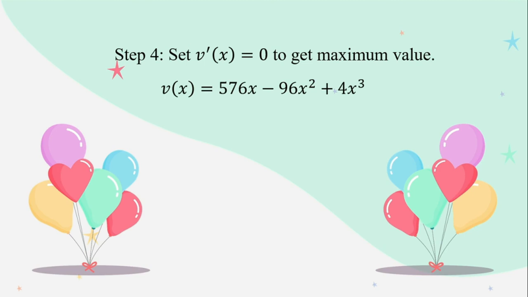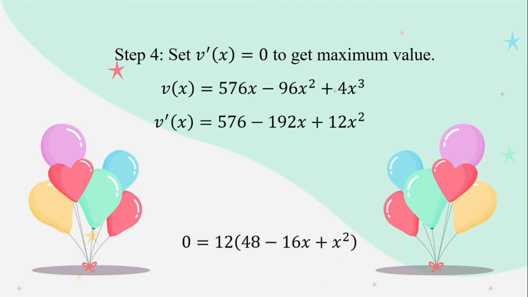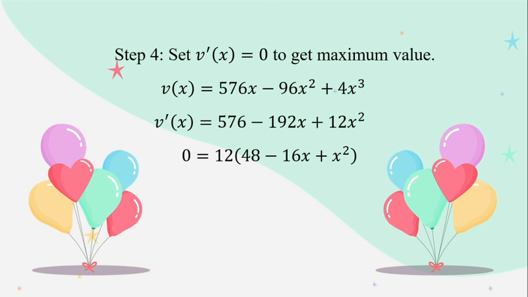V(x) = 576x - 96x² + 4x³. V'(x) = 576 - 192x + 12x². And then we set V'(x) equal to 0. So 0 = 12(48 - 16x + x²).